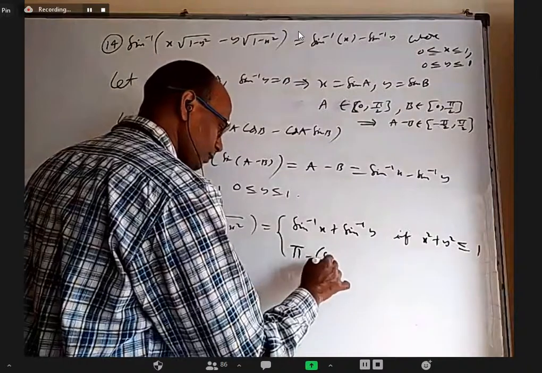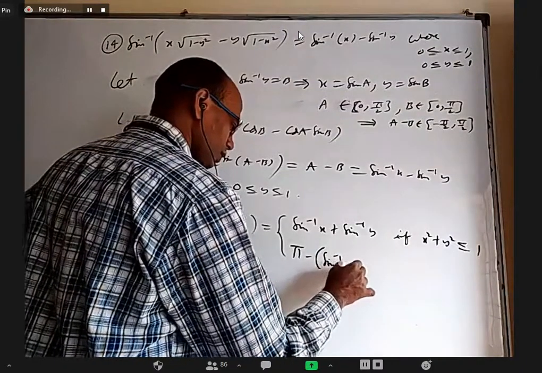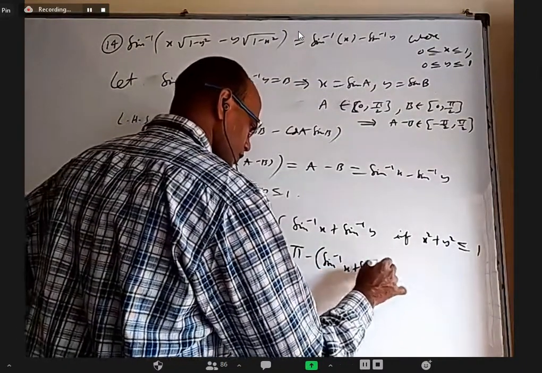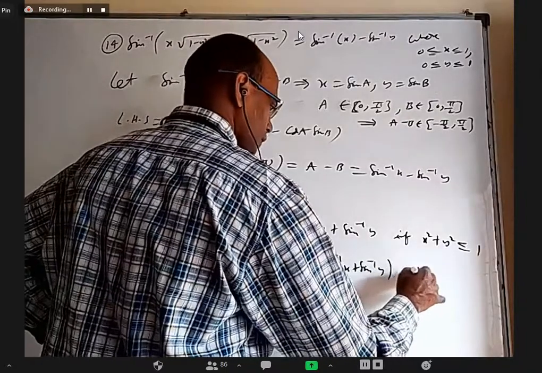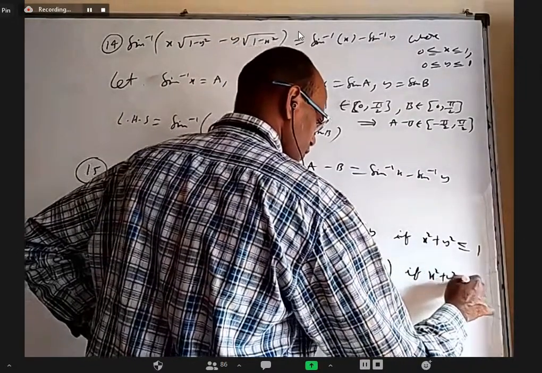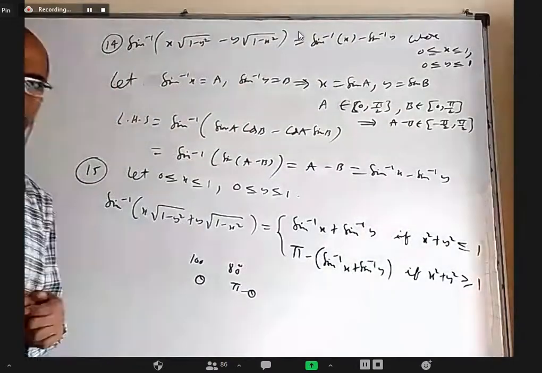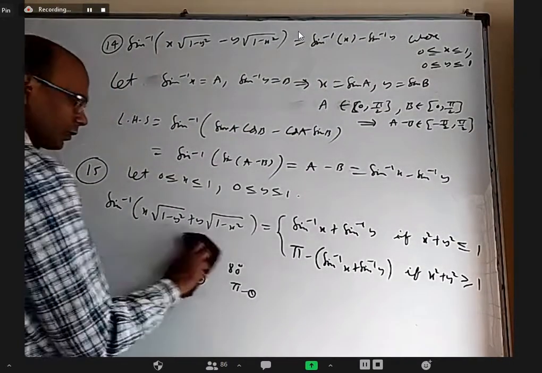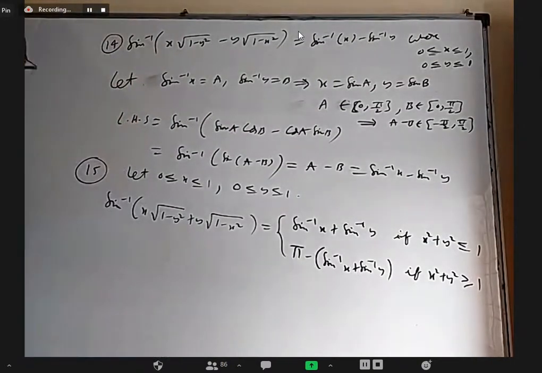Pi minus sine inverse x plus sine inverse y, if x square plus y square is greater than or equal to 1. Okay, this is a formula. We have to prove this now.